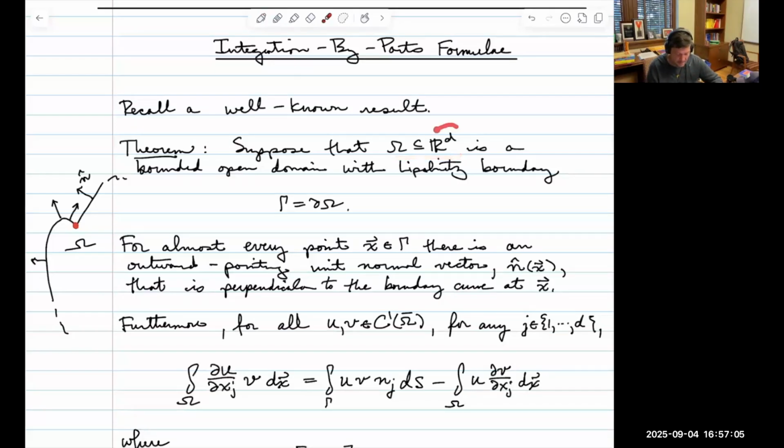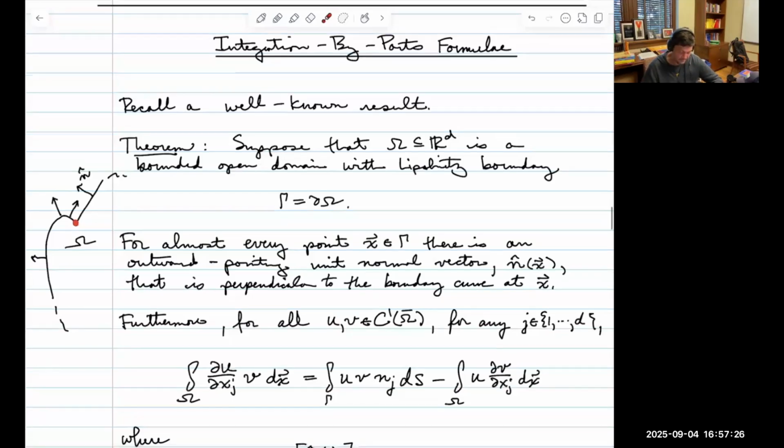So if D is 100, this is still true. It's just that the boundary is now a 99 dimensional space. So I wouldn't call it a boundary curve anymore. I would call it a codimension one set. In any case, I'll fix that up when I post them to Canvas.